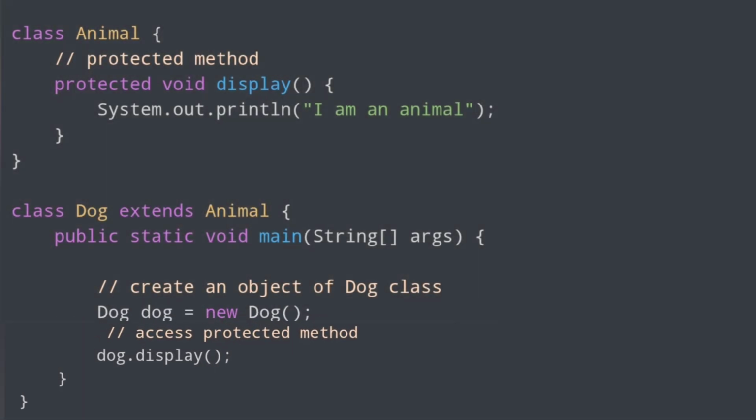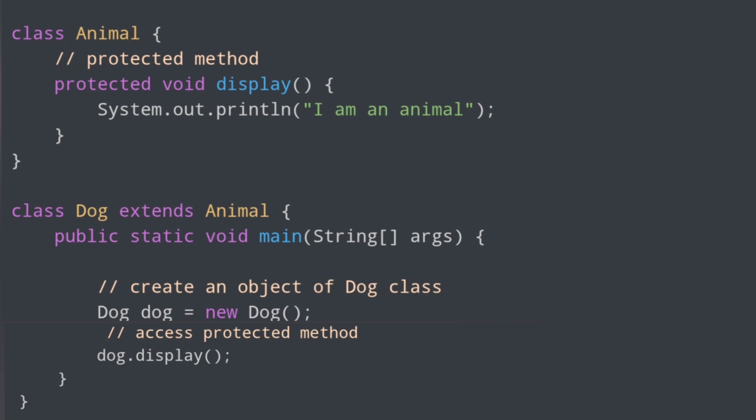And again the next class is defined, and it extends the main class animal, and the main method is defined here, and an object is created, and the method is accessed by the object name. So here the object is accessed with the protected method name.